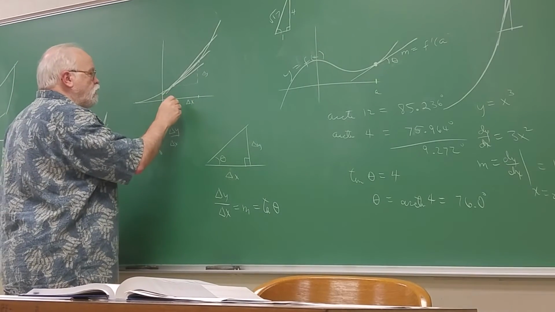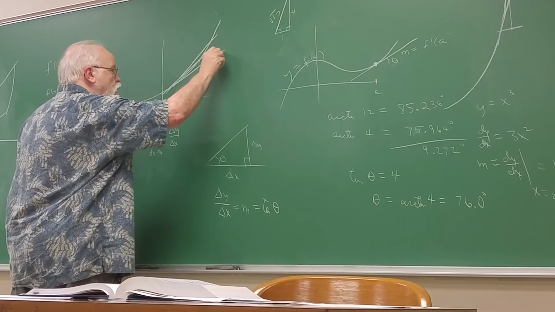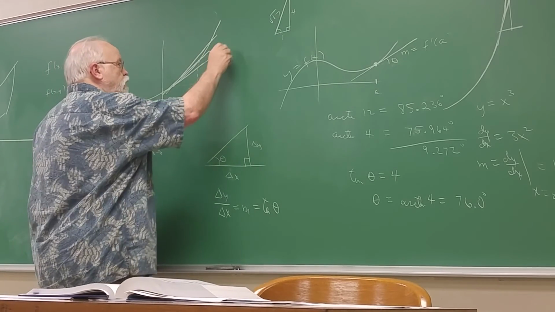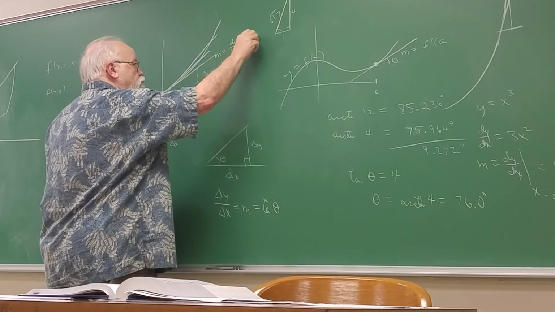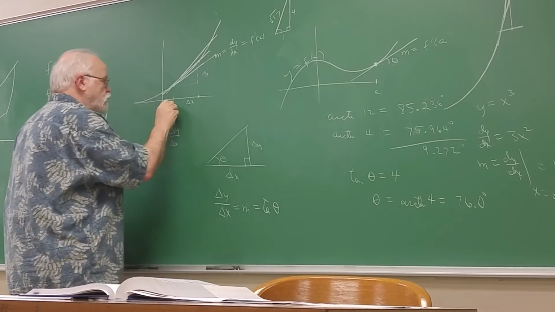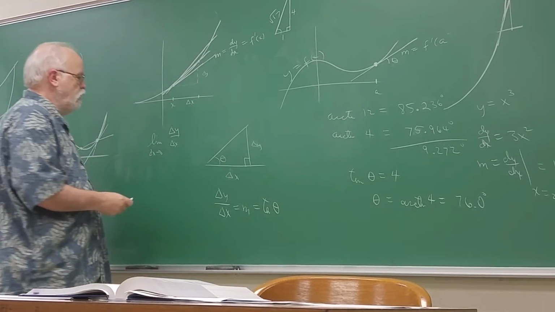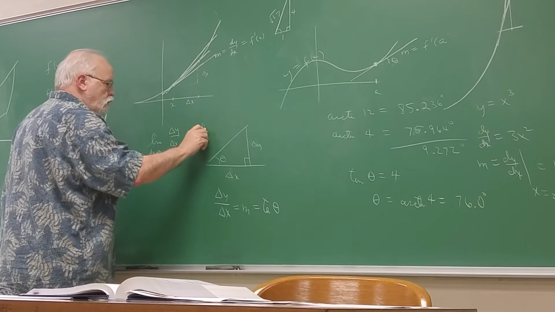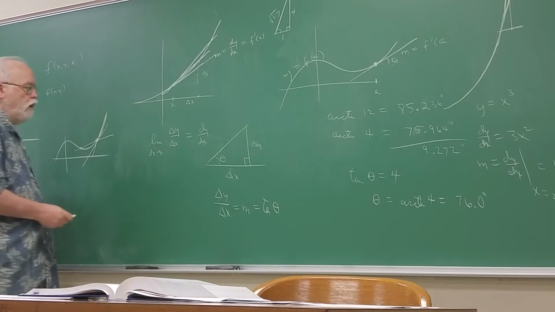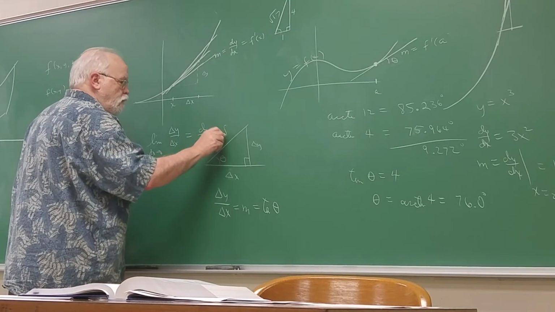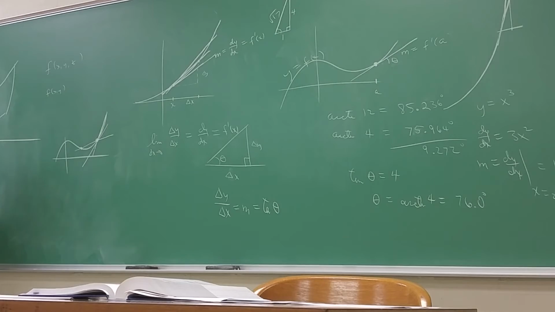And in the limit, I get down to this one, the m, which is dy over dx, also known as f prime of x, if this is x up here. So this limit gives me dy dx, and it's also known as f prime of x.